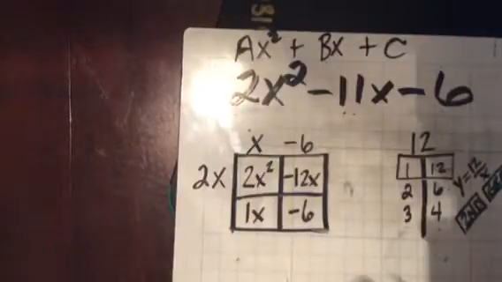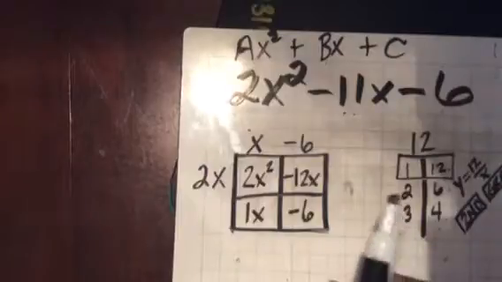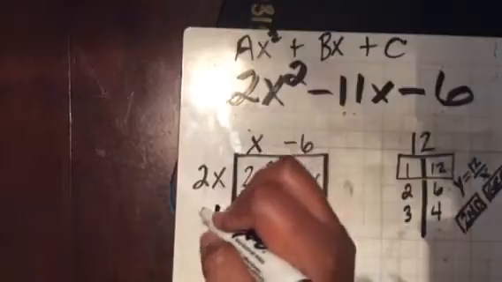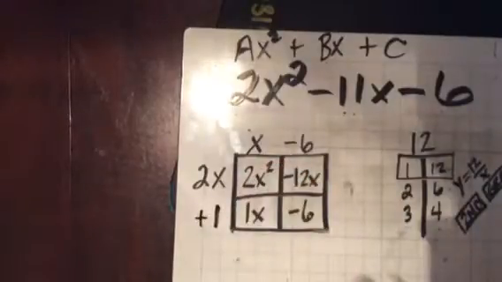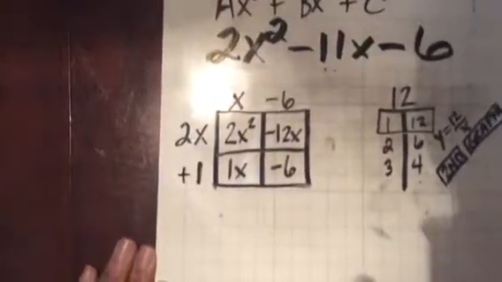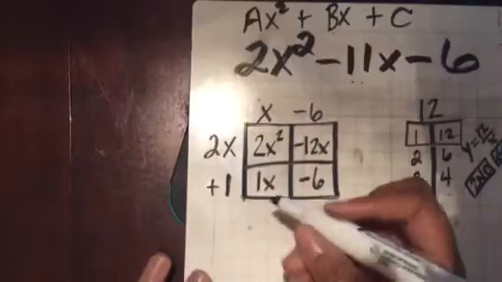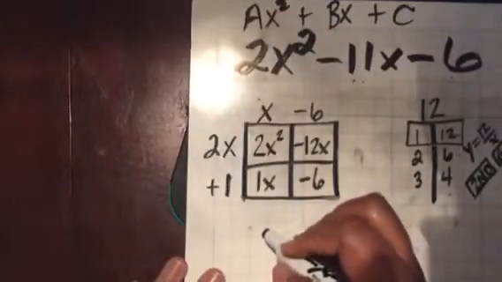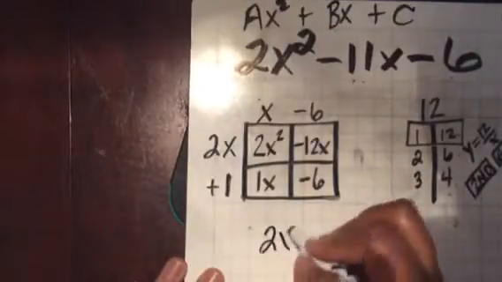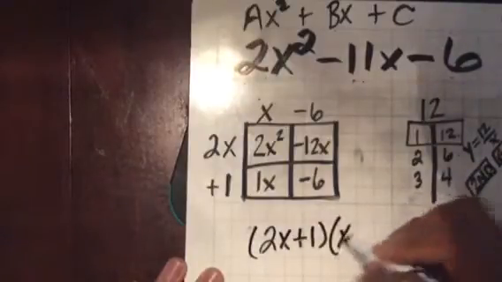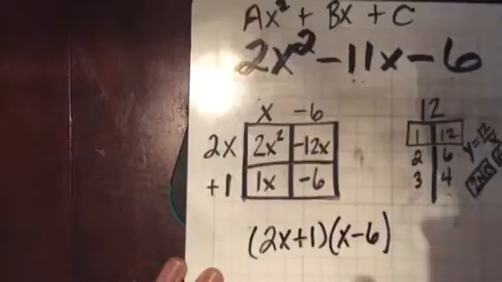What is the greatest common factor between 1x and 6? Well, it's 1. And since this one is positive, that one is positive. All right, now we have our factors. Now we're ready to write our little binomials. So we have 2x plus 1 and x minus 6.